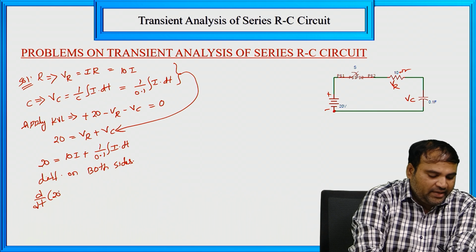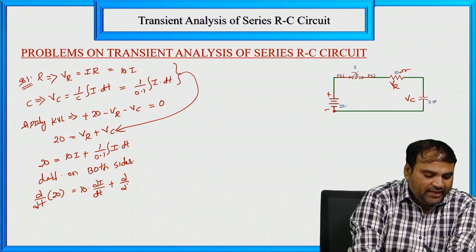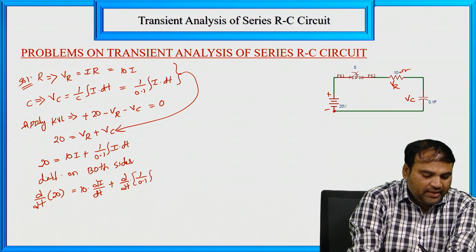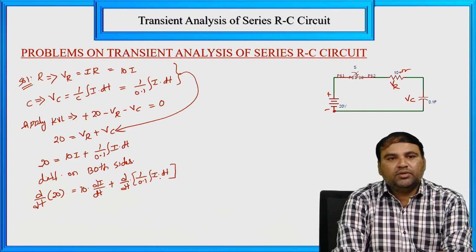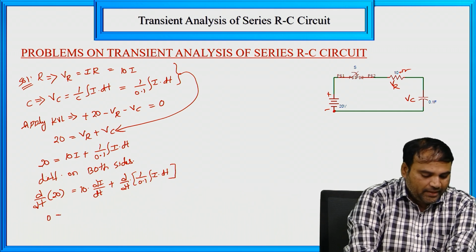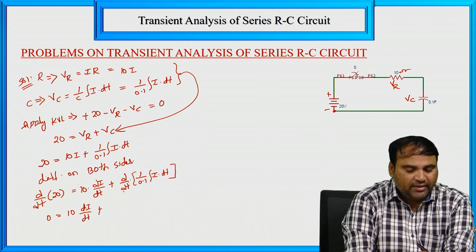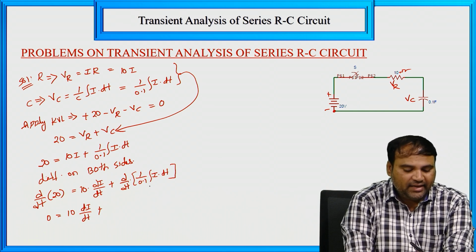So d by dt of 20 equal to 10 into di divided by dt plus d by dt of 1 by 0.1 integral of I into dt. Now d by dt of 20 is 0, equal to 10 into di divided by dt plus, here differentiation and integral get cancelled.